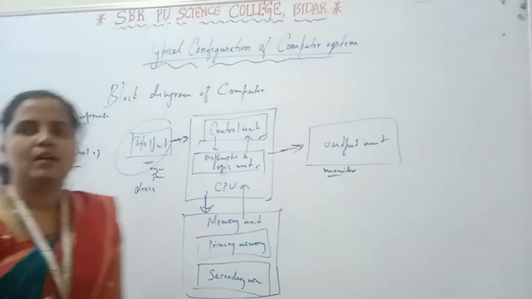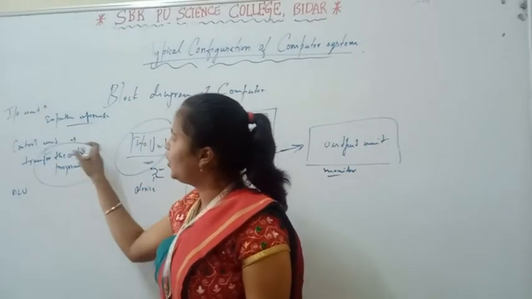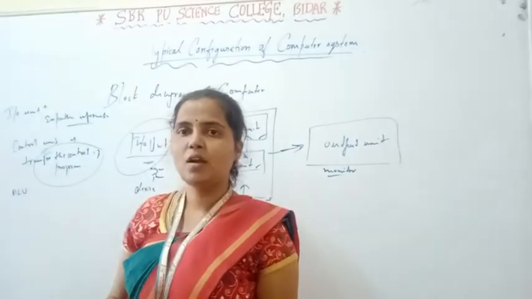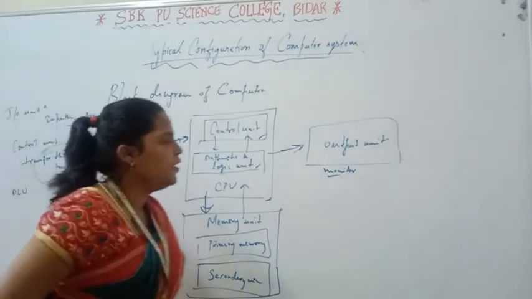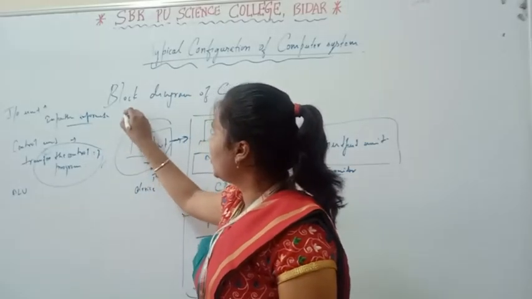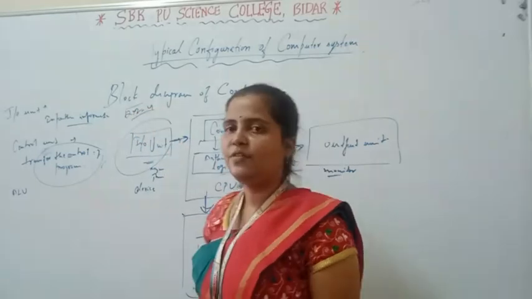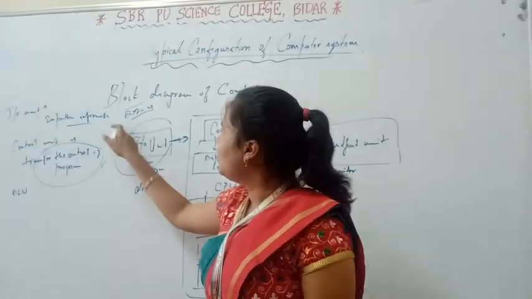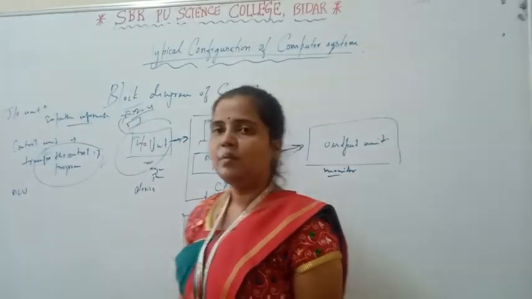So in the control unit, the control will be given to the particular program based on the priority. That is the control unit. For example, if you are doing some calculation like 2 cross 2, and it is in the first priority, the control will be transferred to this calculation part. Later on, the next task will be performed.